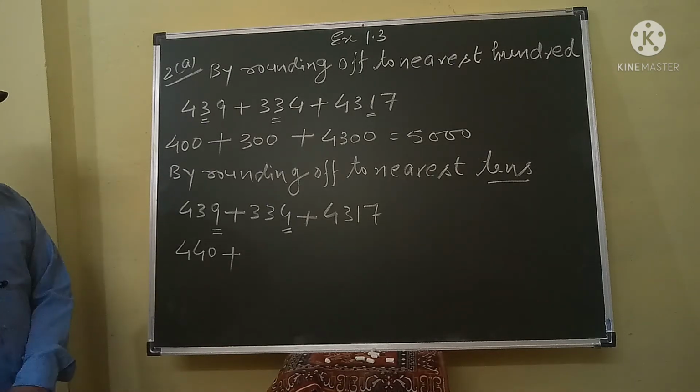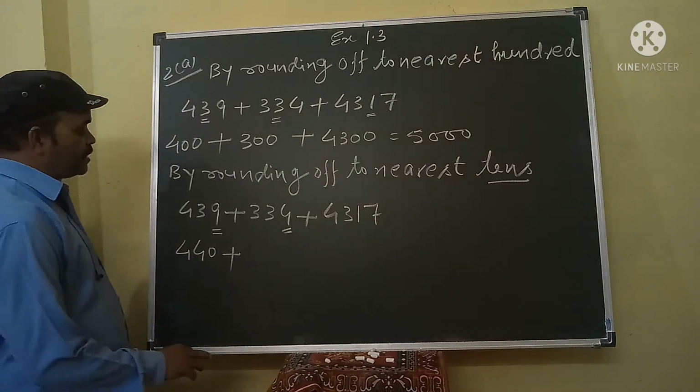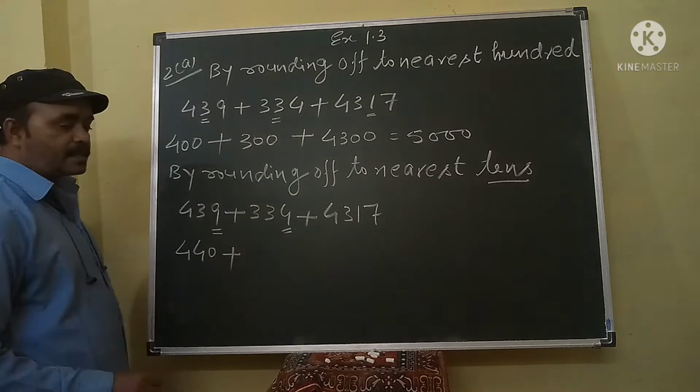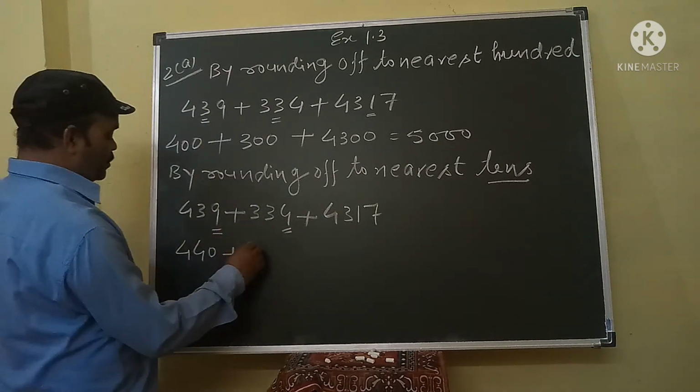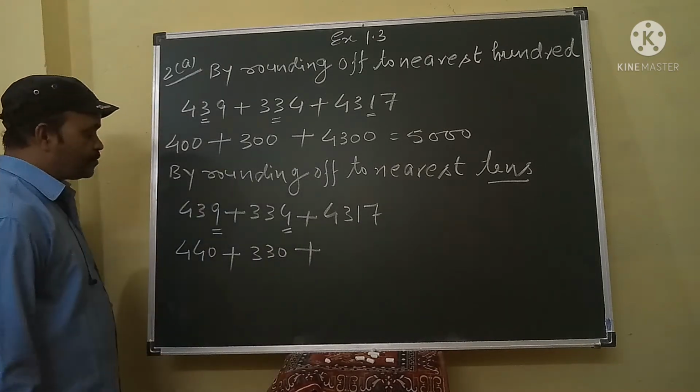In 334, the ones digit is 4, and 4 is less than 5. Therefore, rounding off 334 will be 330. Okay.